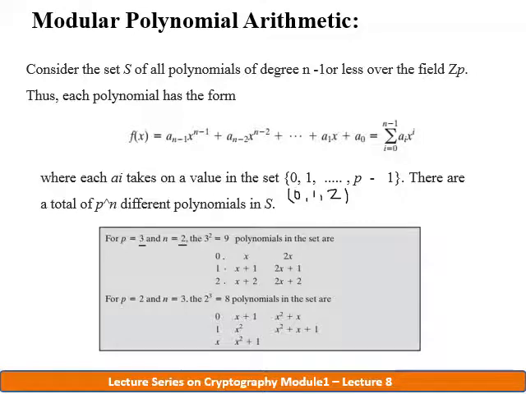And this n stands for x raised to 0 and x raised to 1.